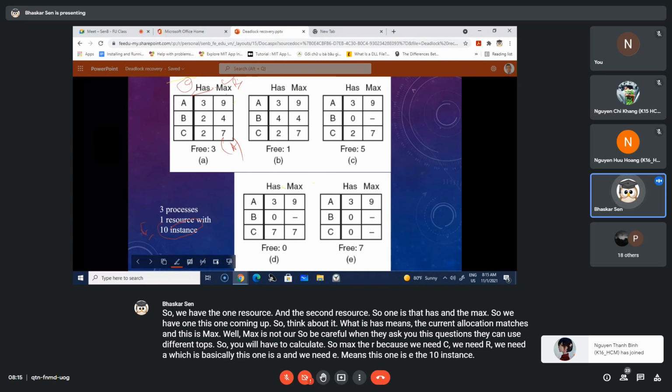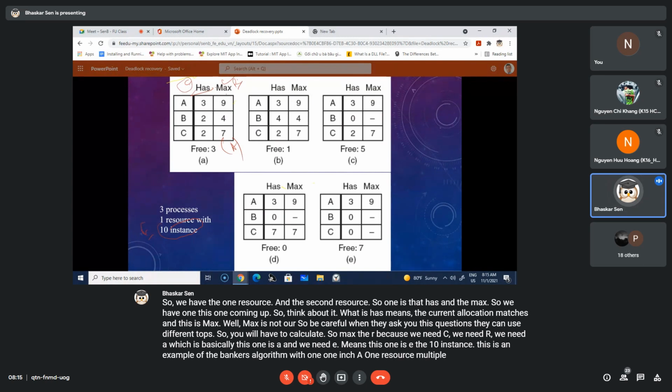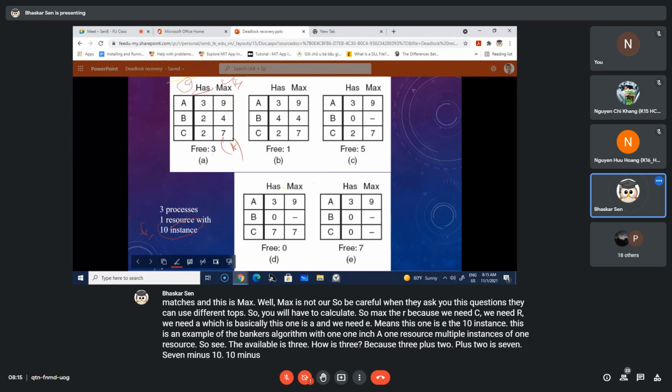This is an example of the banker's algorithm with one instance, one resource, multiple instances of one resource. So see, the available is 3. How is 3? Because 3 plus 2 plus 2 is 7. 10 minus 7, sorry, is 3.